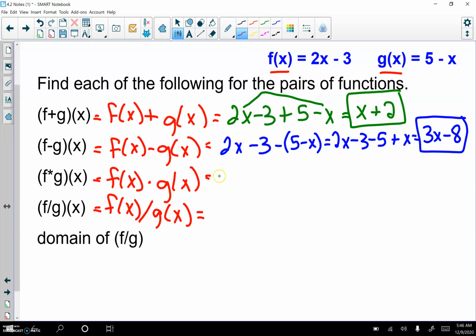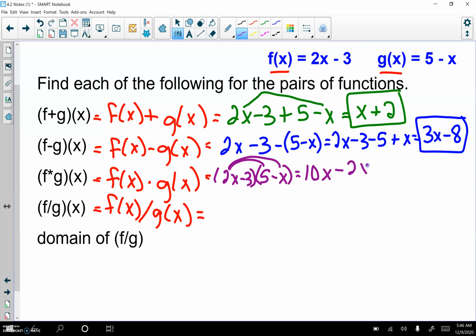The next one we're multiplying, so we have 2x minus 3 times 5 minus x, and I'm going to FOIL it. That's going to be 10x. Notice how I'm putting these little loops as I'm doing it. I'm not just doing all four of them because I need to keep track.